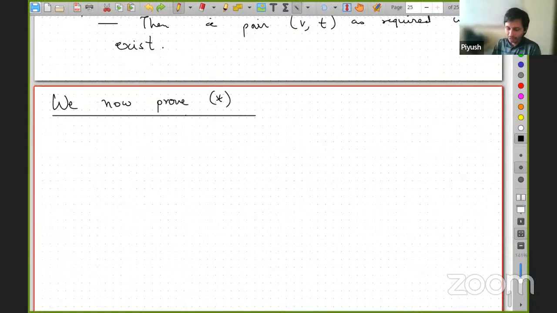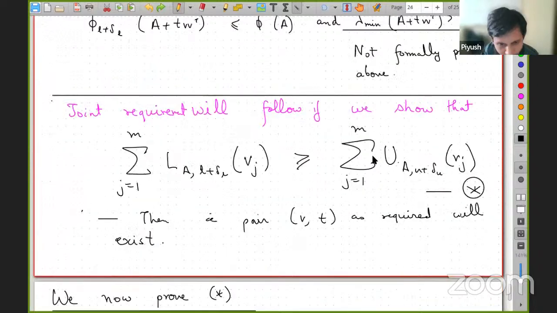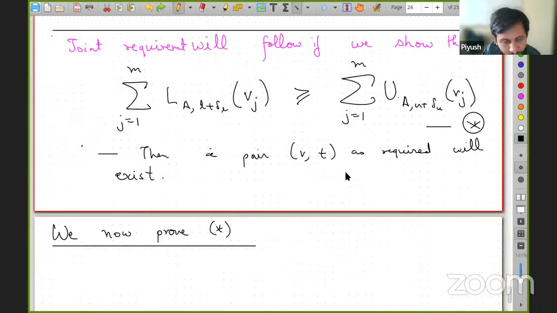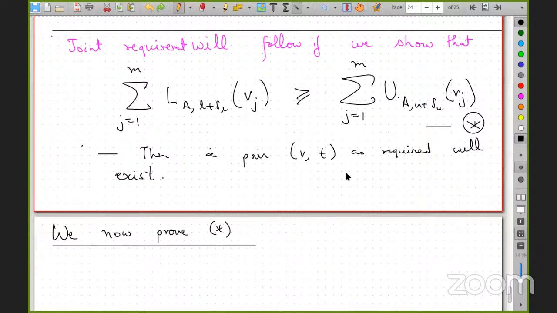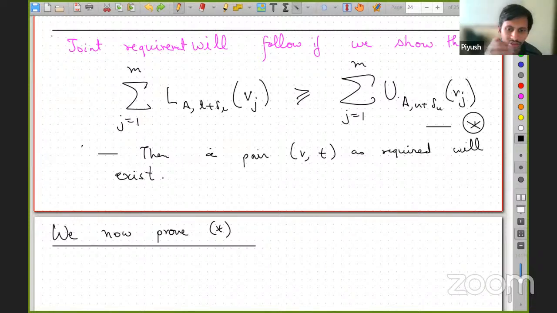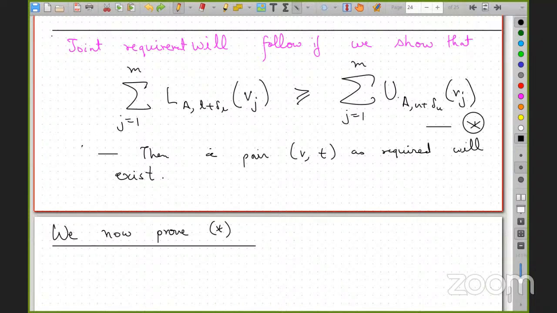Any questions so far? In these barrier functions, the upper and lower barriers that were defined, how do they help to track things? How will you find the vector?